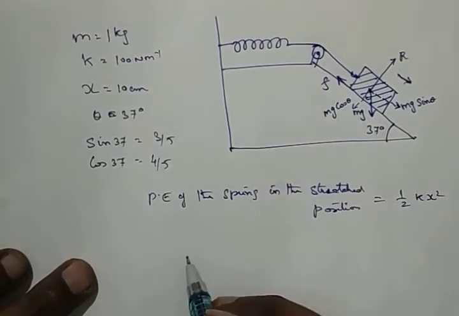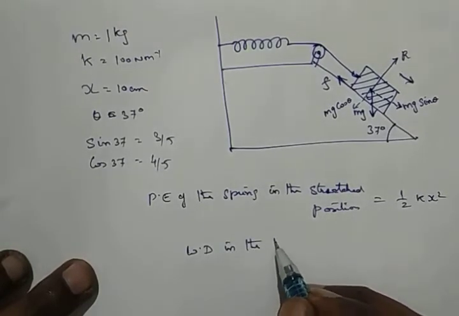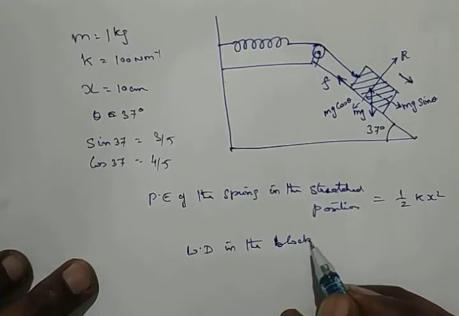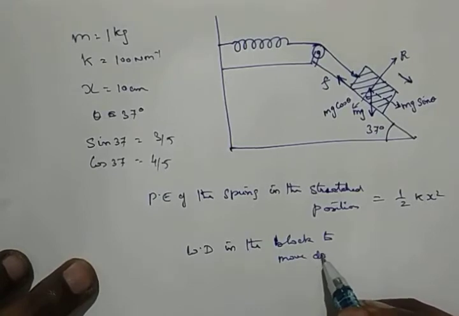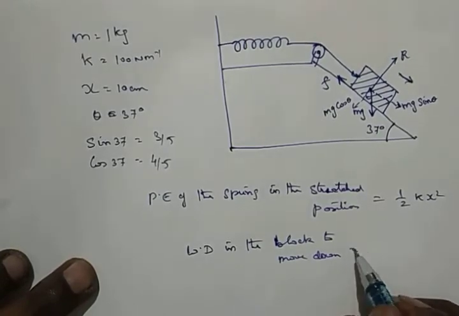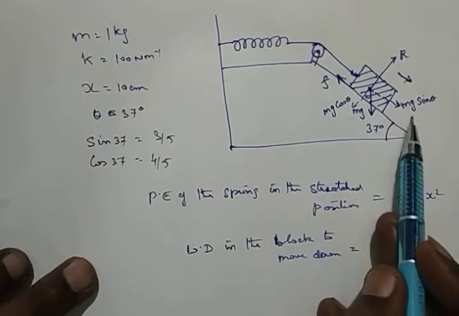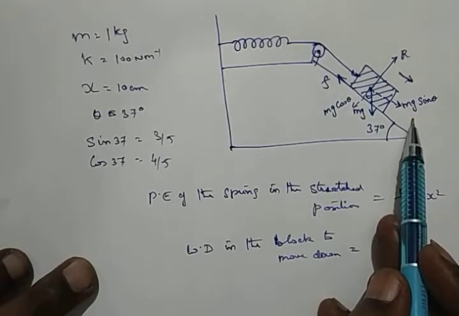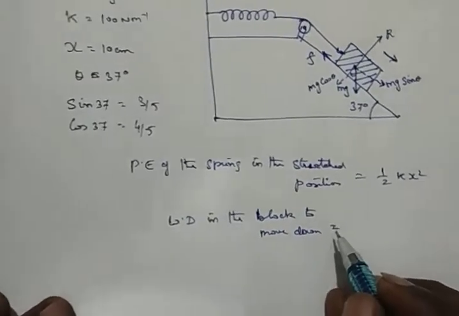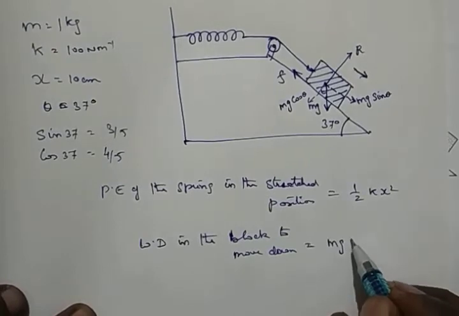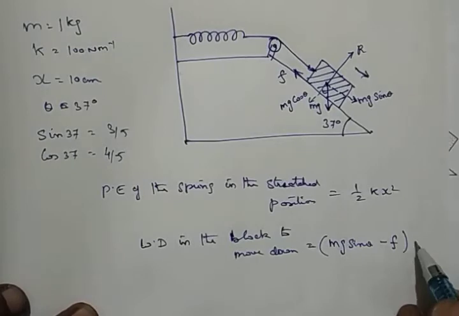The next one is the work done on the block to move down. So the block is moving down. When it moves down, what happens here? Mg sin theta acts going down, and the frictional force is acting opposite in direction. So the work done is mg sin theta minus the frictional force, into the distance.